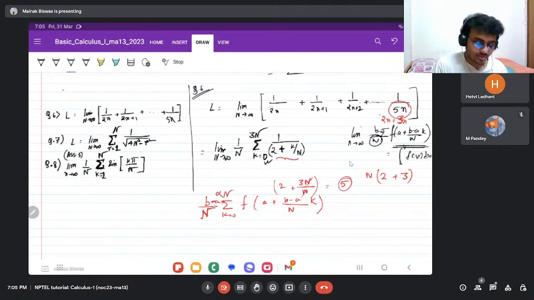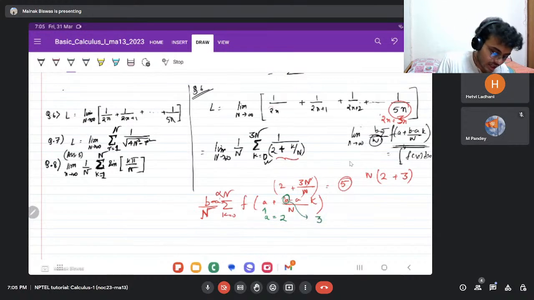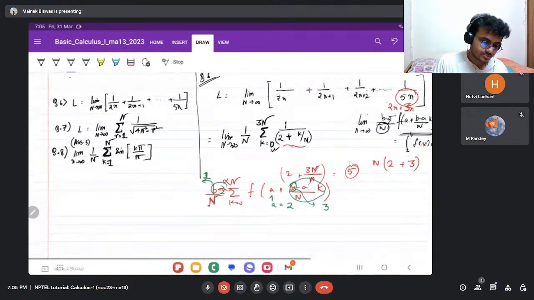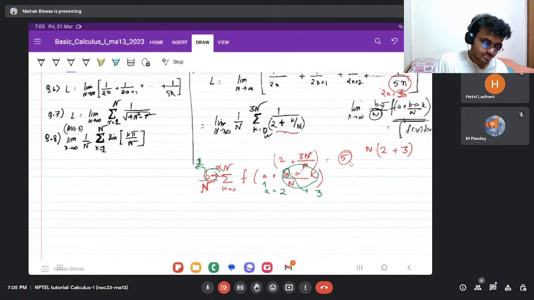Are you sure? A is equal to 2, right? And B is 3. You see the outside has become 1, right? Yes, sir. Now this also has become k by n. So it's an integral from 2 to, say, a is 2 and b is equal to 3.